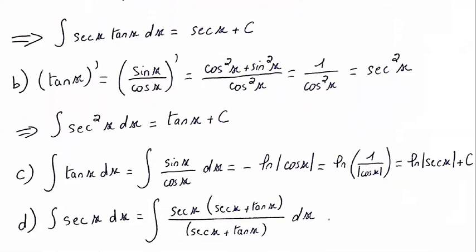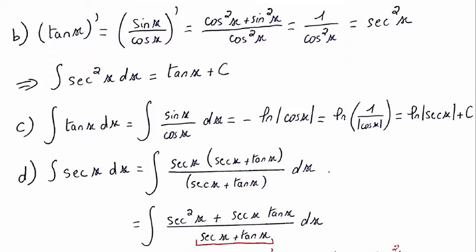Now let's see the integral of secant. To solve the integral of secant x dx, we multiply and divide by secant x plus tangent x. So we get secant x, factor of secant x plus tangent x over secant x plus tangent x.